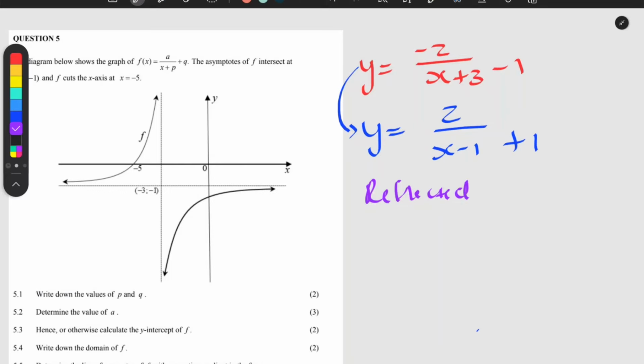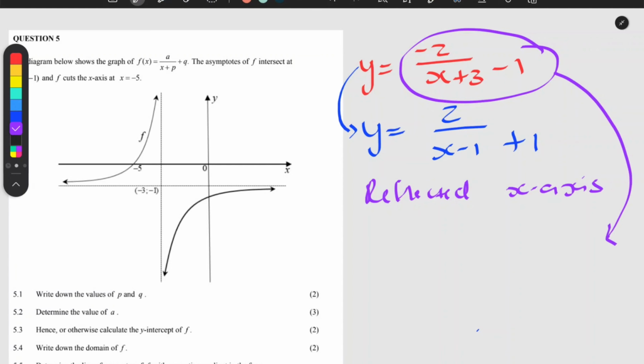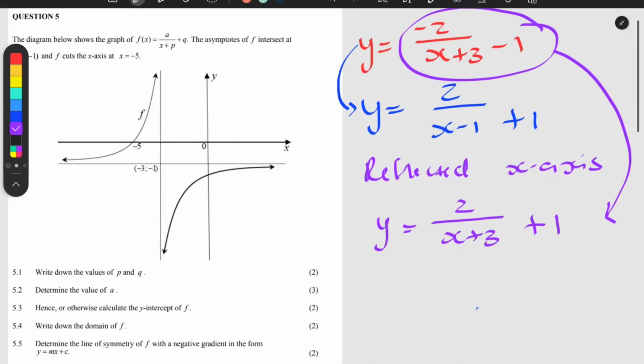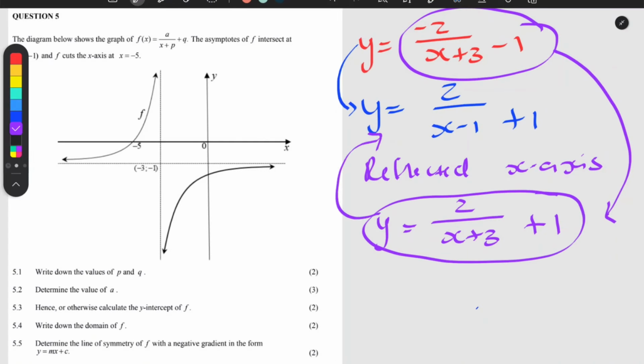If all the signs change, the graph is reflected in the x-axis. So I'm going to take this and quickly reflect that. If you reflect that, this is now a positive, this stays the same, and this becomes a positive. Okay, so I have this so far, but this still doesn't look like that. So how did I get from this to that?